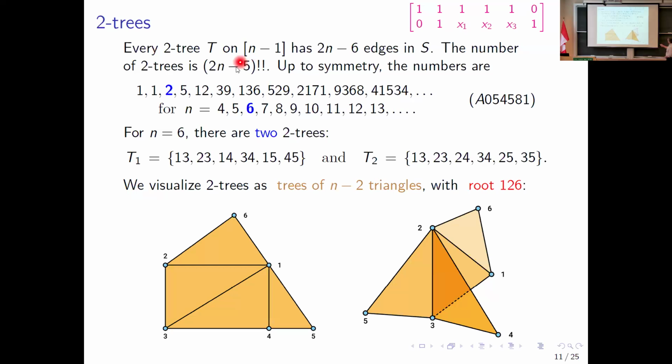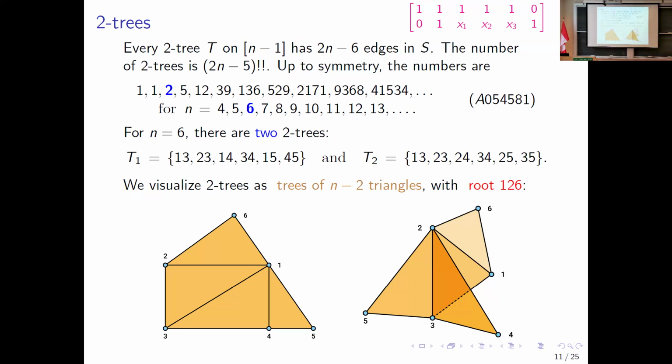Altogether, every two tree has 2n minus 6 edges. With the labeling, the number of labeled two trees is the double factorial, 2n minus 5 double factorial. That's because you have an odd number of choices at each stage, so it's the double factorial 1 times 3 times 5 times 7 up to 2n minus 5.